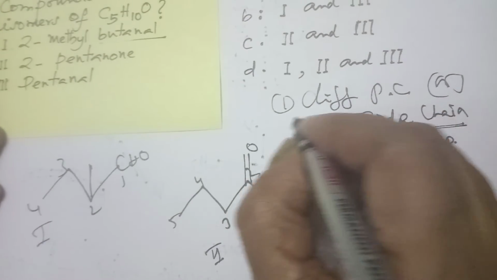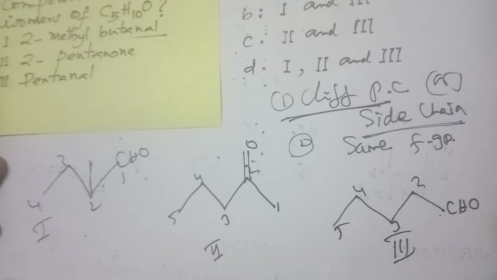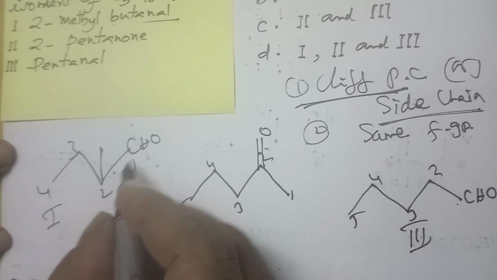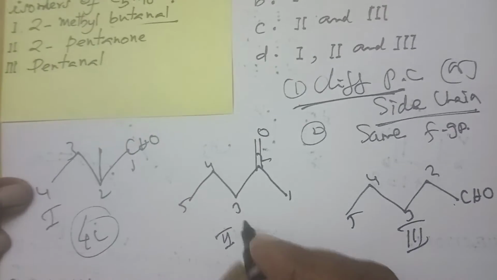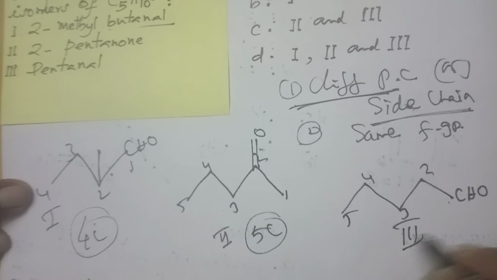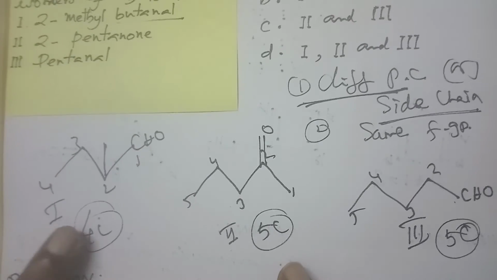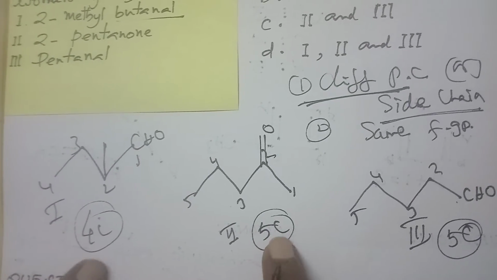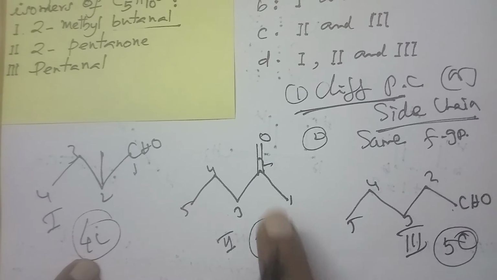Now what is the tip for chain isomer? Different in the parent chain. Let us see how many carbons are in the parent chain. Already written: it has 4 carbon, it has 5 carbon, it has 5 carbon. Now I am going to options 1 and 2. You compare 1 and 2. Both are different in carbon chain, but the functional groups are not the same.